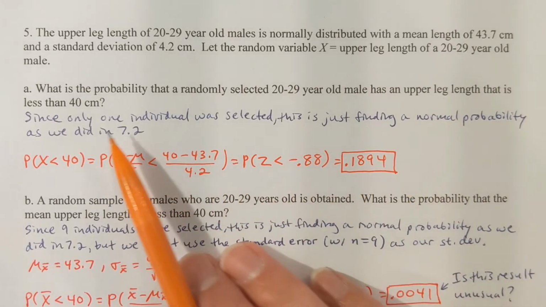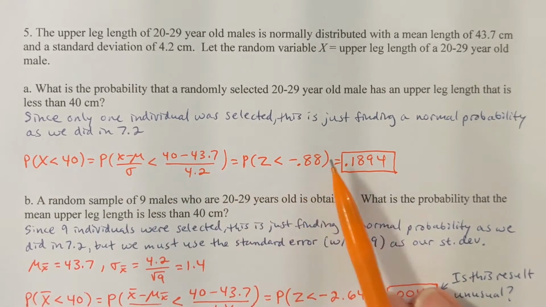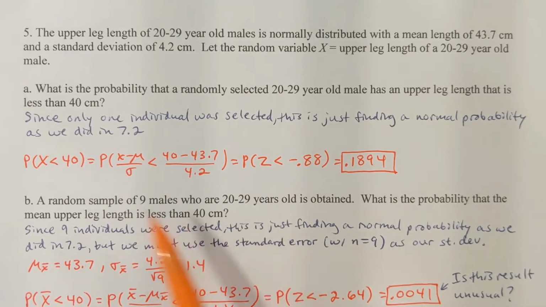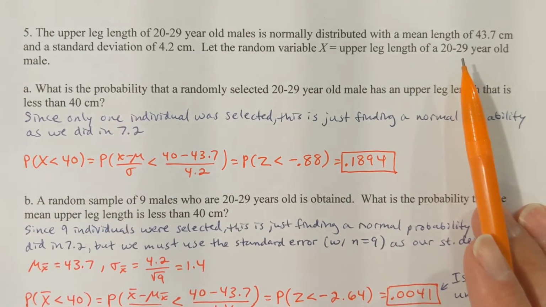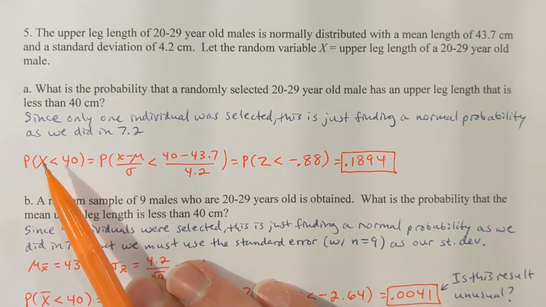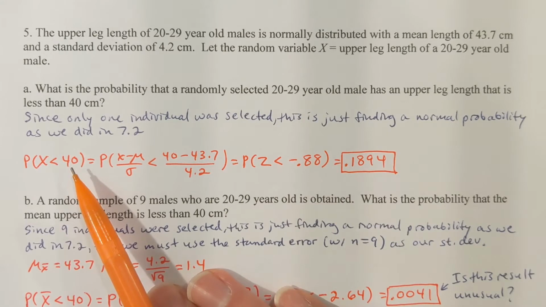Well, this is only one individual selected, so this problem is just finding a normal probability like we did in Chapter 7. X represents the upper leg length of a 20 to 29-year-old male. So I want to find the probability that that length is less than 40 centimeters.